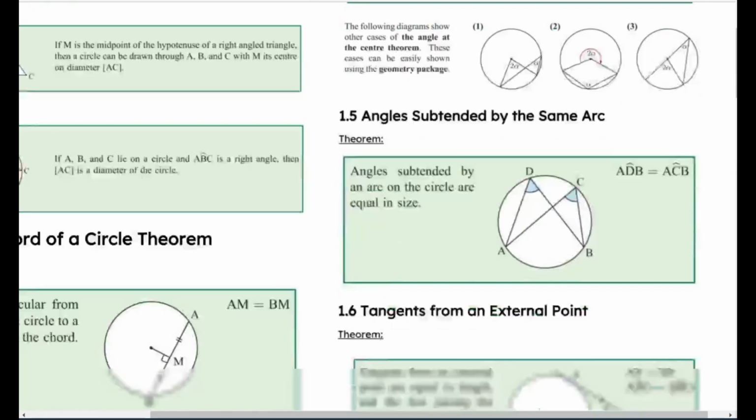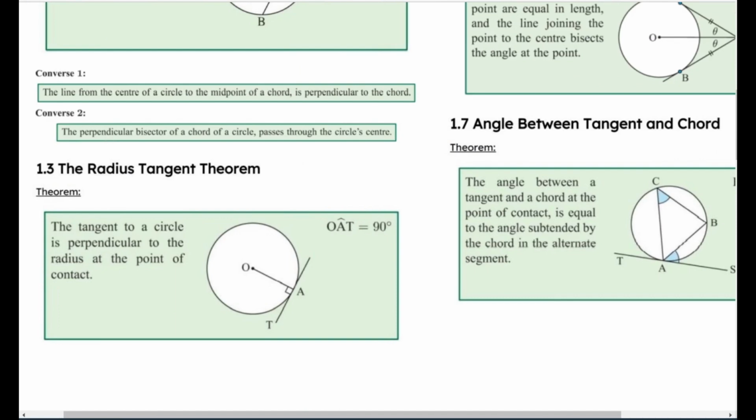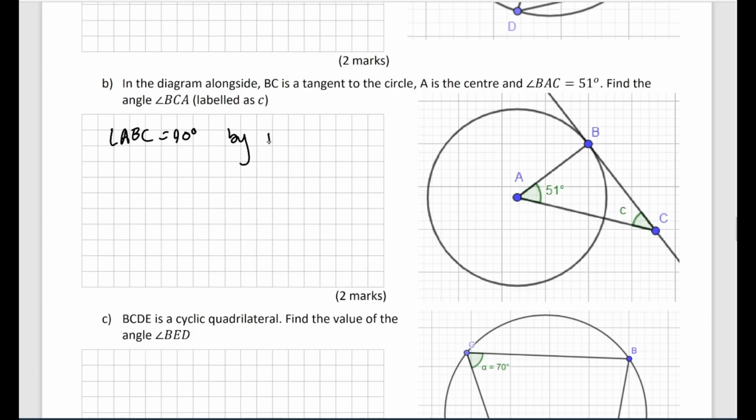Where's our radius tangent theorem? Yeah. If you have a tangent and it goes into the radius, that makes 90 degrees. So mark that in. Therefore, 51 plus 90 plus C equals 180.